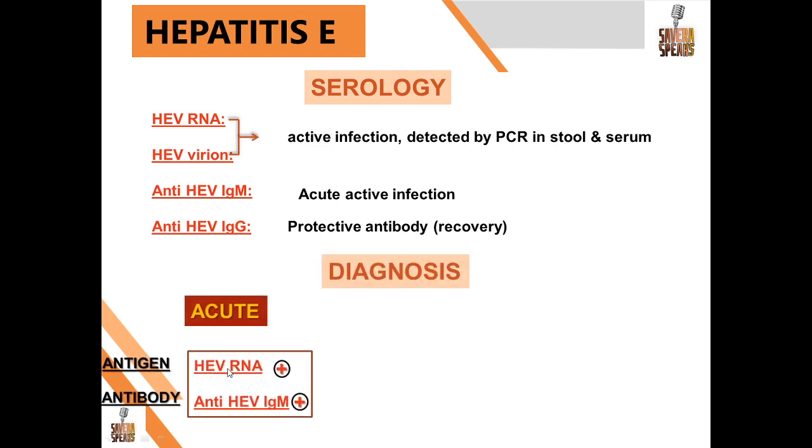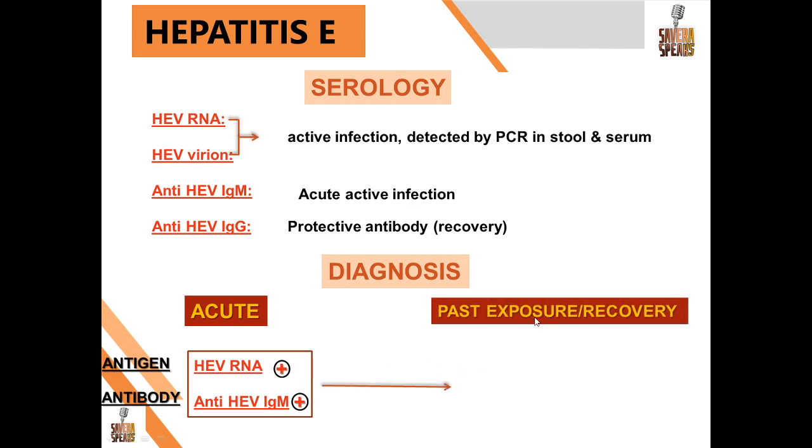In acute stage, the HEV RNA will be positive and IgM anti-HEV will be positive. After the past exposure or a recovery, there will be only antibody.